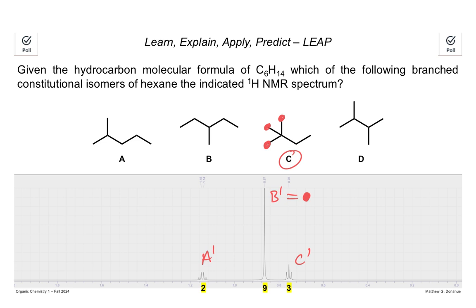So C prime would belong to what? See, that's 3. And then A prime would belong to that because it's 2.